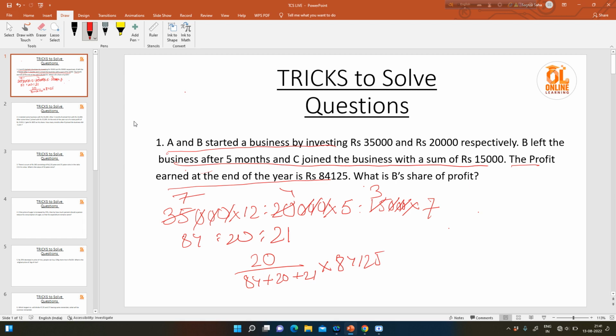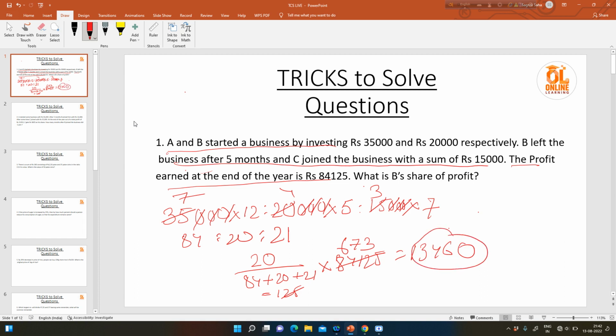So 84125 divided by 125, if you calculate, you will get 673. So 20 into 673 would come as 13460. This would be your answer.